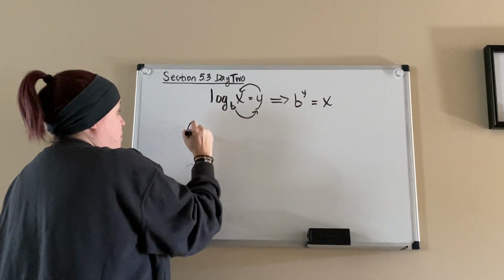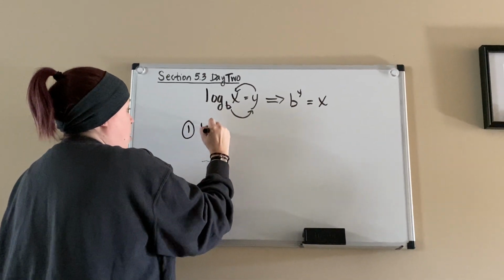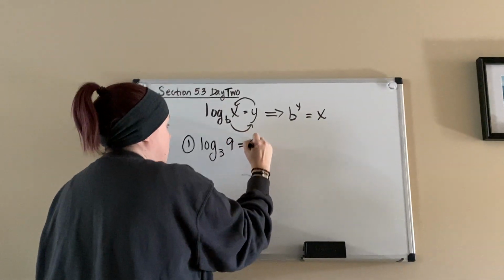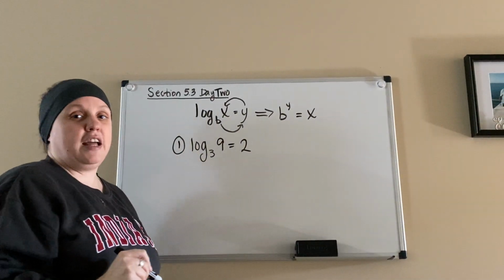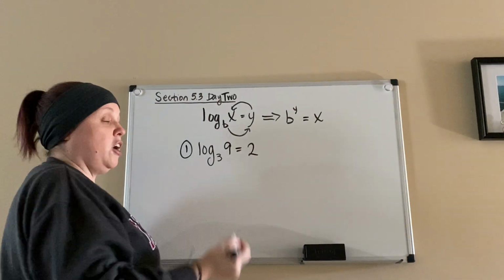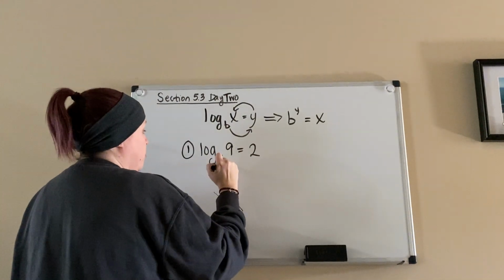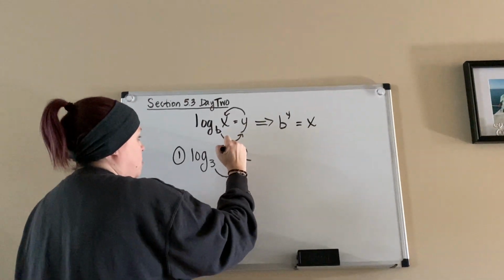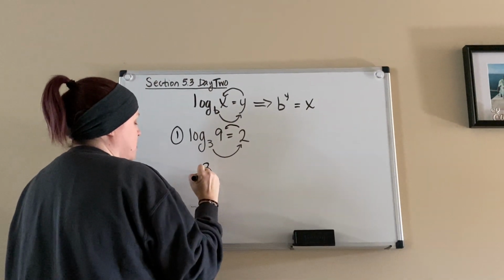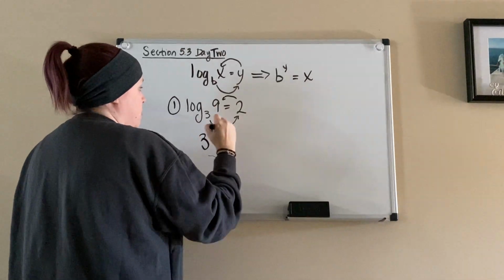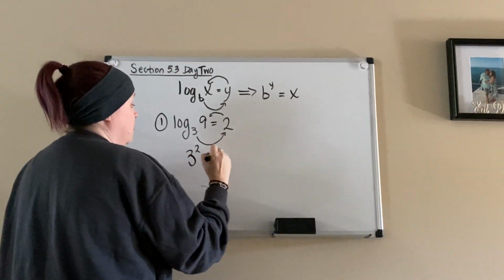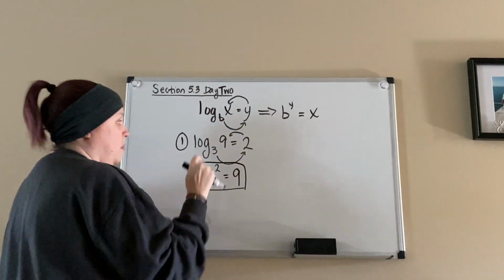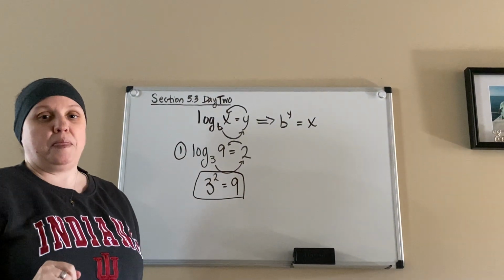So for example, if I gave you log base 3 of 9 equals 2, and I wanted you to write it in exponential form, we go around the circle. We start with 3 to the 2 equals 9. So it's going to look like this: 3 to the 2, which is squared, equals 9. And that is the exponential form of that logarithm.